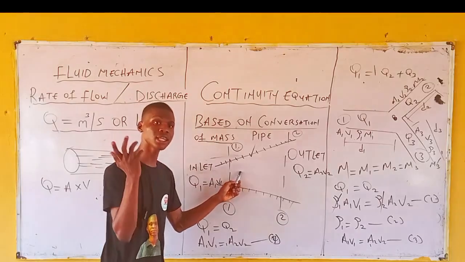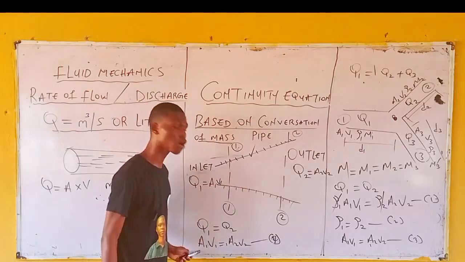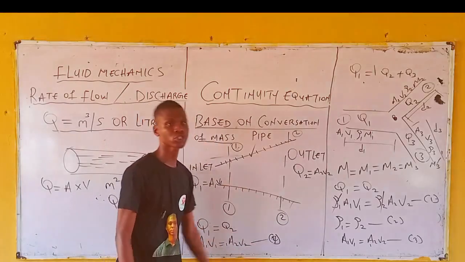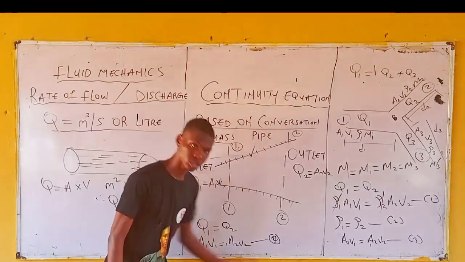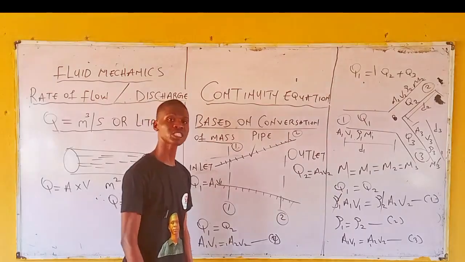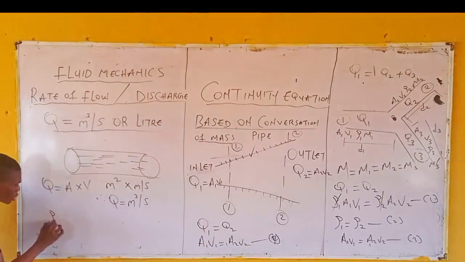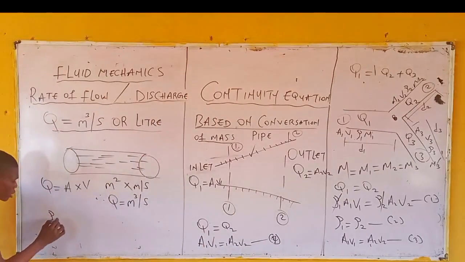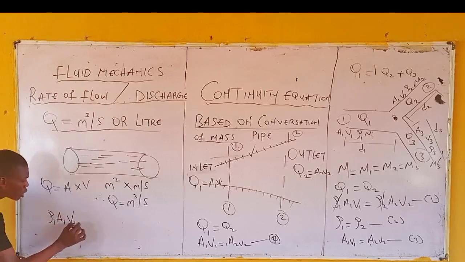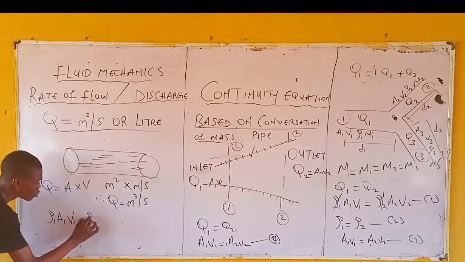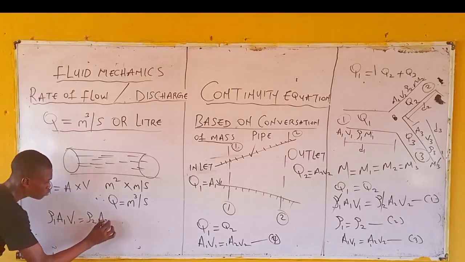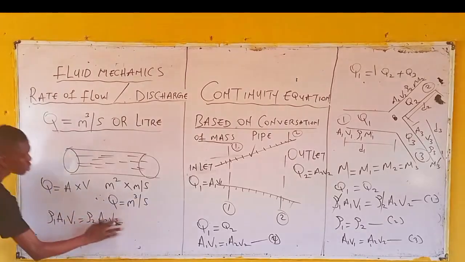So generally for compressible liquid, this becomes your continuity equation. For incompressible liquid, you have your continuity equation to be rho 1, area 1, velocity 1 equals rho 2, area 2, velocity 2.